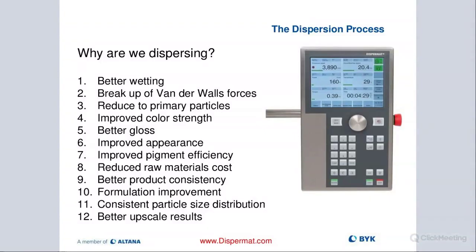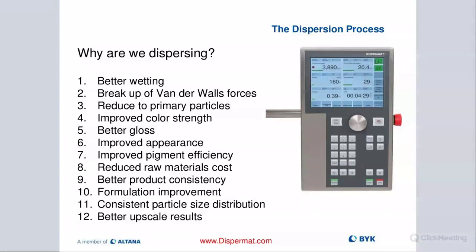Obviously, dollars are important to everybody. So pigment efficiency is a really big one, because by reducing particle size, I'm increasing my surface area. That means in return, I can develop my product with less pigment quantity or other raw material. So that really helps us save money on the raw material side.